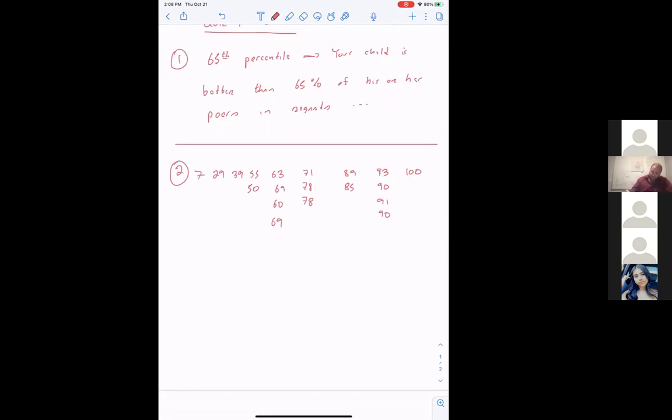I'm going to use the last digit for the leaves, which means my last category is 10 with a leaf of a 0, so that's 100.